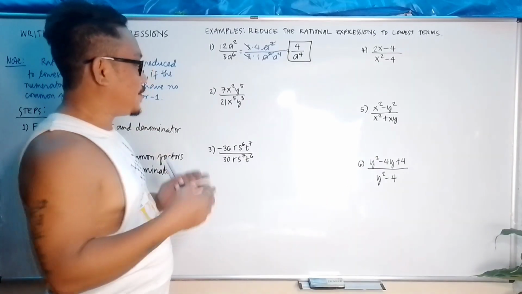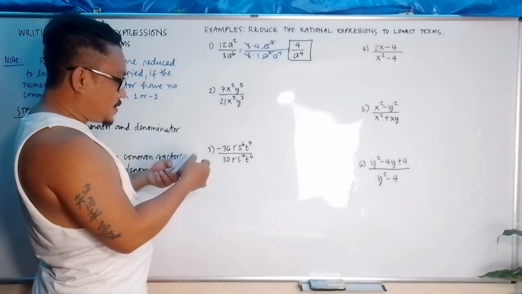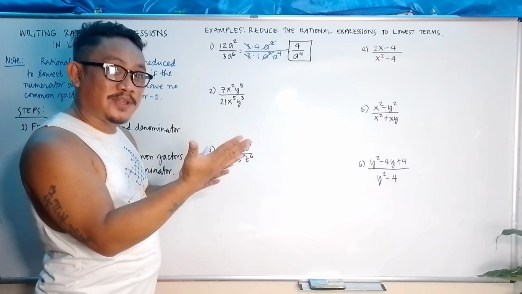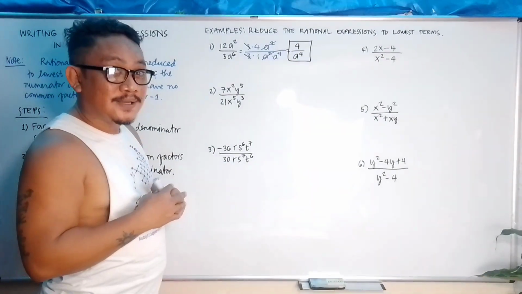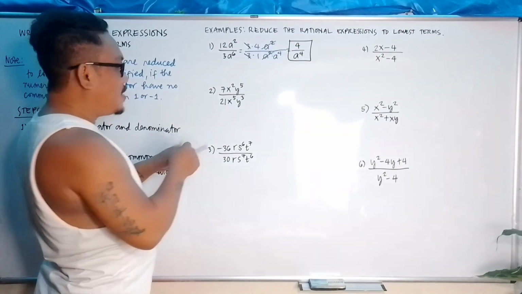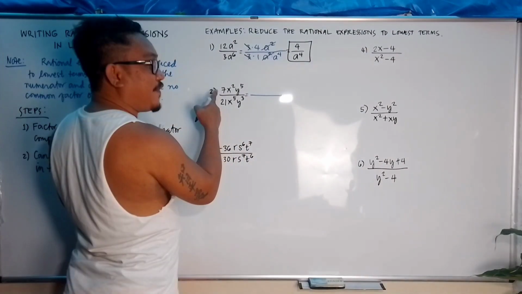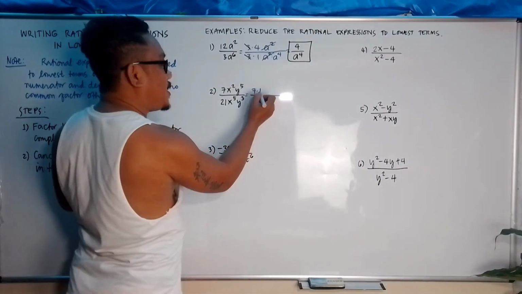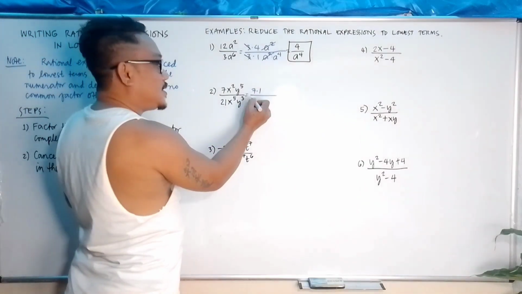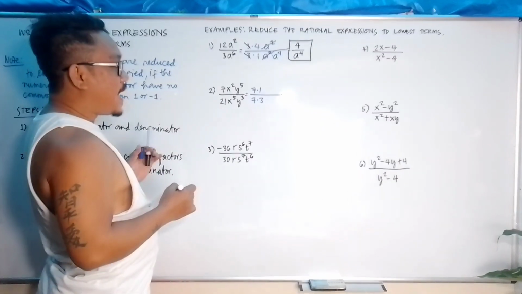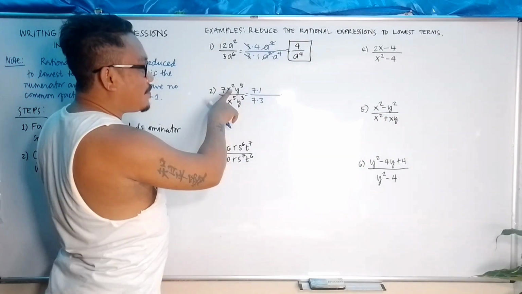So, first, you look at 7 and 21. Clearly, the common factor of 21 and 7 is 7. So, meaning to say, we can write 7 as 7 times 1, while 21 is 7 times 3. Okay? Then, now look at the variable x.